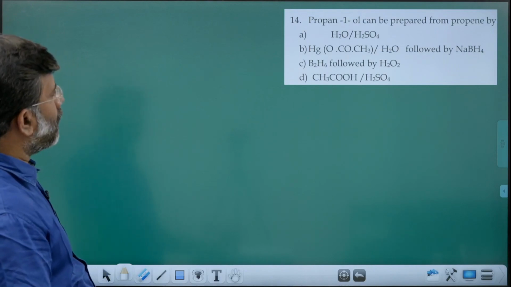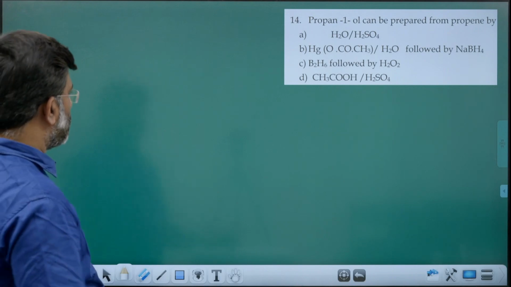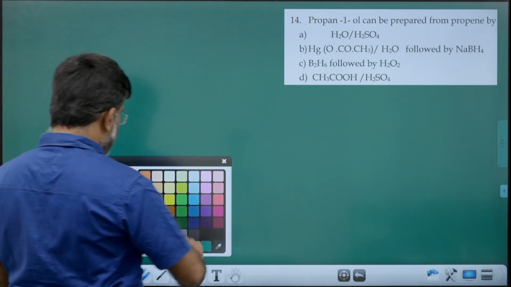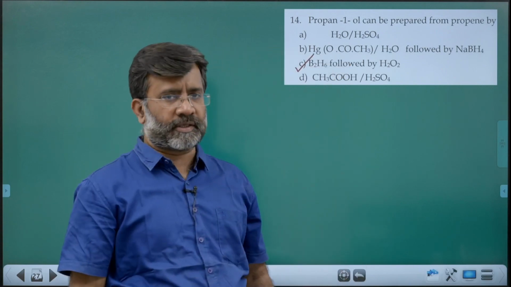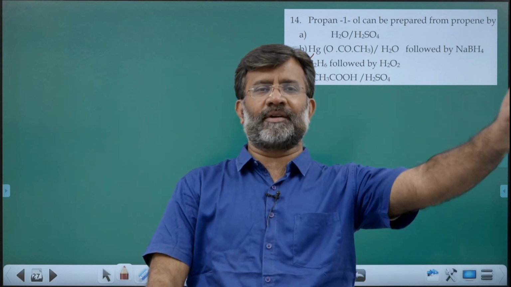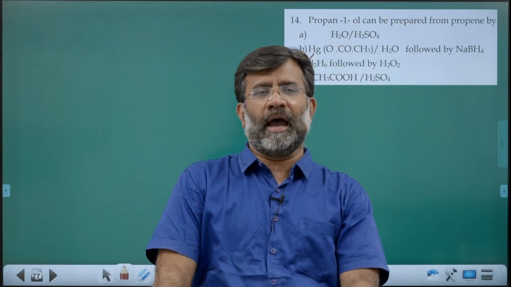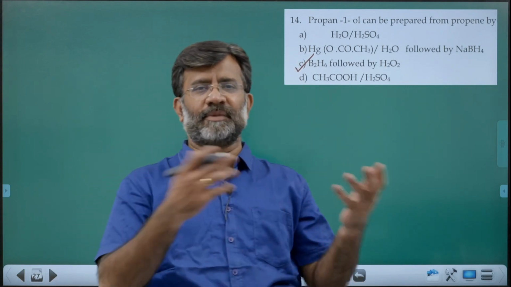Propan-1-ol can be prepared from propene by the hydroboration reaction. What is the importance of the hydroboration reaction? Propene is converted to 1-propanol. The product obtained is similar to anti-Markovnikov addition, but of course the mechanism is different.